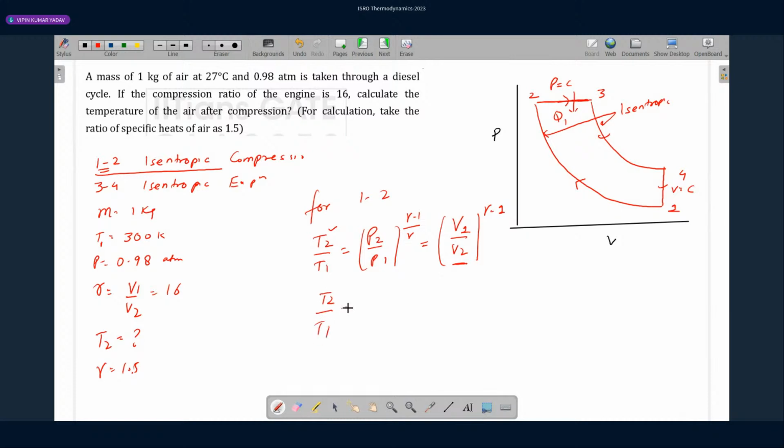T2 by T1 is R, the compression ratio, to the power gamma minus 1. R is 16 and gamma is 1.5, as given in the question. So T2 equals 300 into 16 to the power 0.5. If you solve this, you will have 1200 Kelvin.